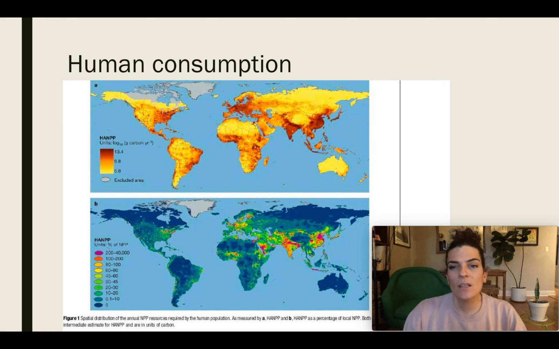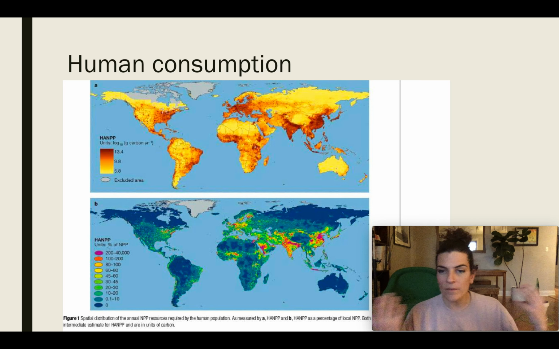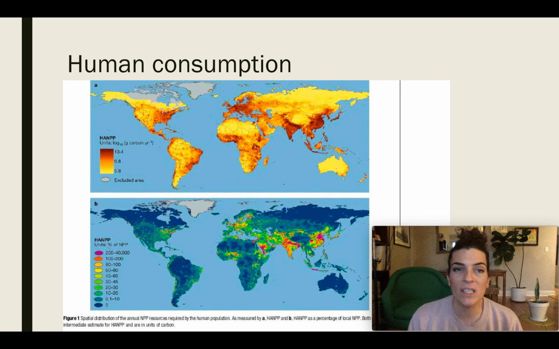Now, of course, all of this food, all of this water, all of this stuff is being consumed by humans, and so that's also not necessarily distributed equally. So this map here shows where the human consumption is occurring. The darker browns are where there's a lot of calories and carbon being consumed through eating or through making things or even through producing waste.